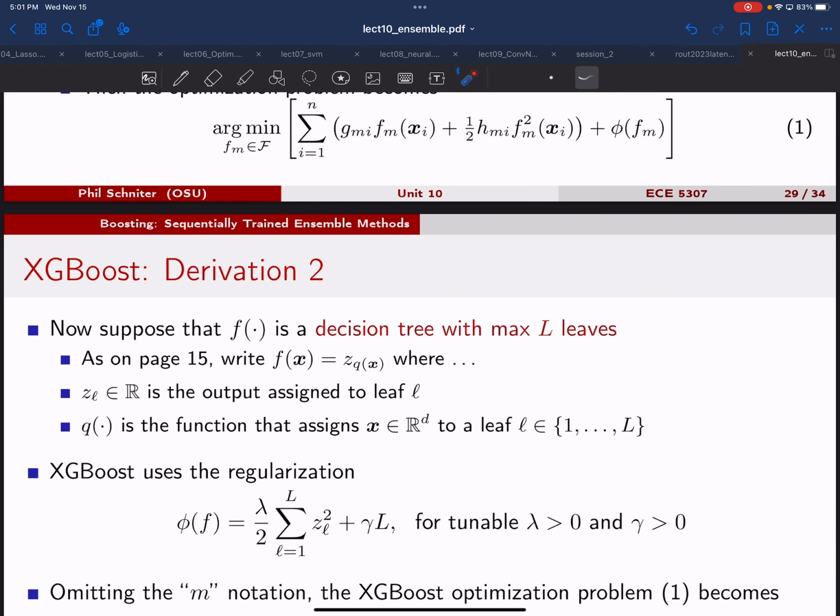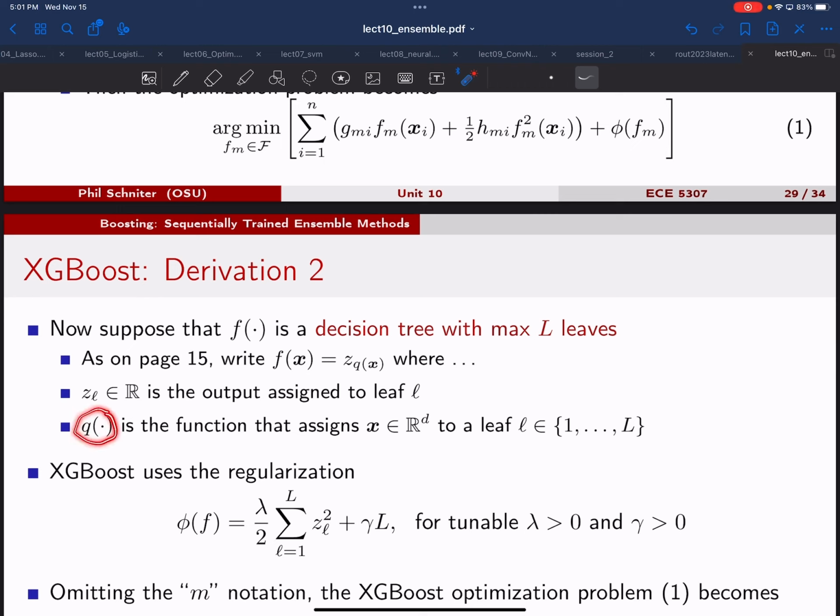Now a few details about how we're going to do this optimization. So we're going to use the same trick that we used back on page 15, where for fm, or let's say for this predictor as a function of x, we're going to write it sort of as a two-stage thing. We're going to write it as z with subscript q of x. So zl is the output the tree assigns to leaf L, right? This is just sort of the values in our lookup table.